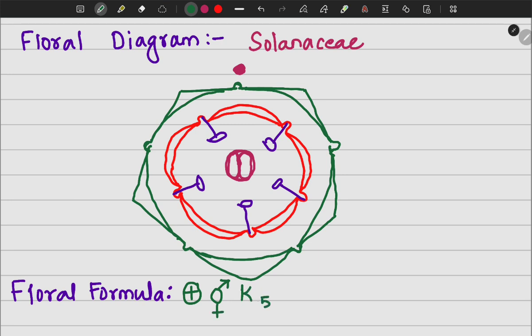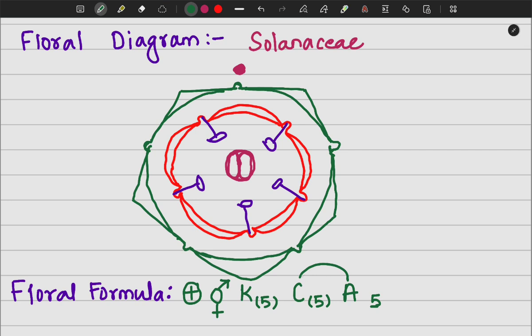Calyx are 5 and they are fused. Corolla are also 5 and fused. And 5 stamens, epipetalous condition, right? Sorry, there will be no bracket in the stamen. The petals are fused, the stamens are fused with the petals.